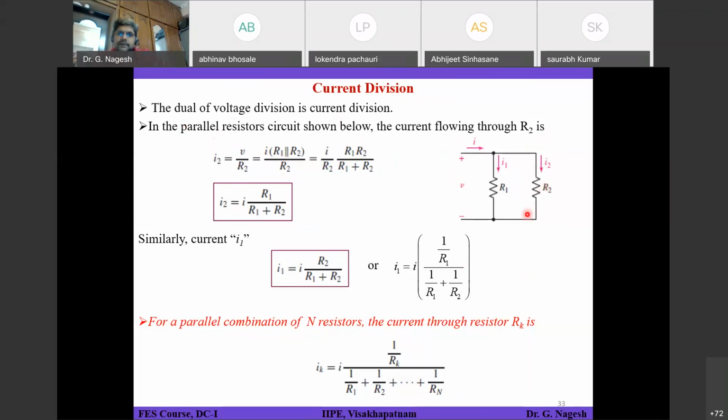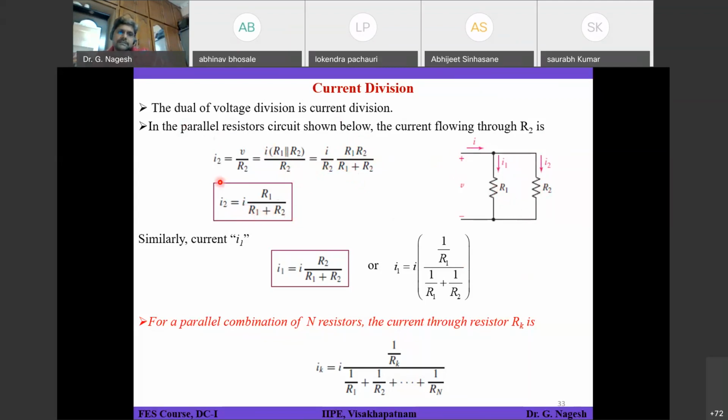So you are reducing the combination of these two resistors, which are in parallel, R1 R2 by R1 plus R2. That will be your net resistance. If you cancel R2 from numerator and denominator, then you will get I2 equals I into R1 divided by R1 plus R2.